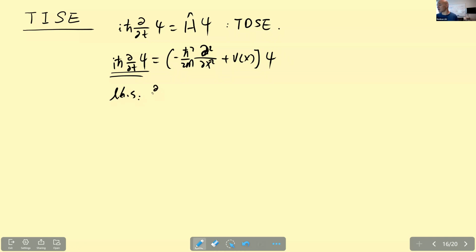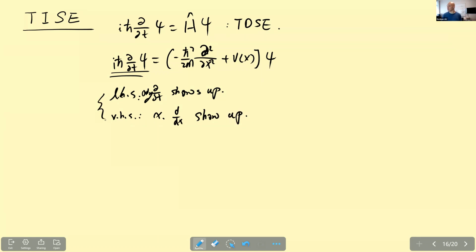contains only t, right? On the right hand side, only x or d over dx show up, right?